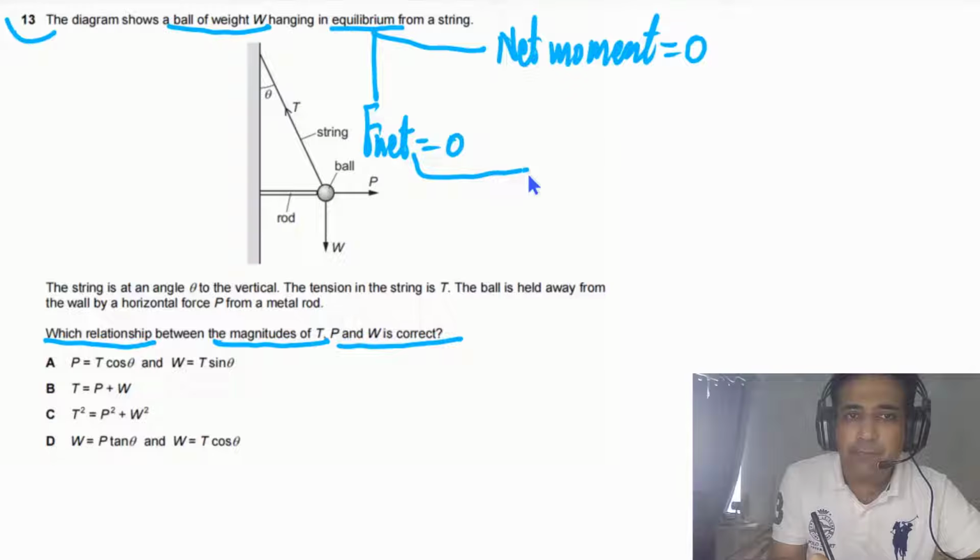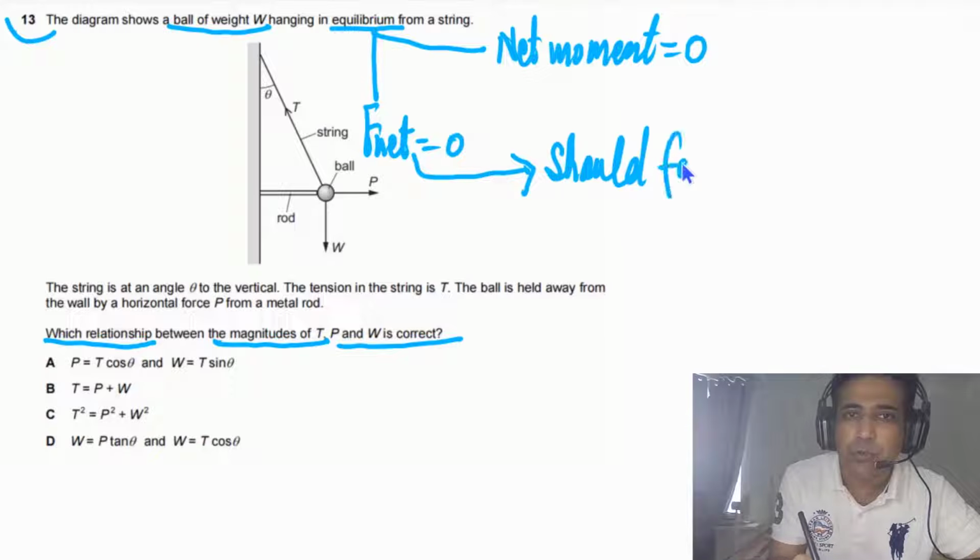When we say F net is equal to 0, it simply means that forces should form a closed polygon.